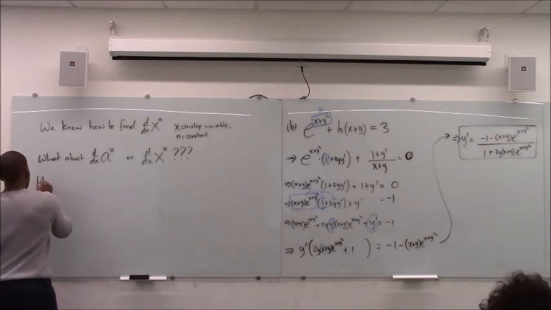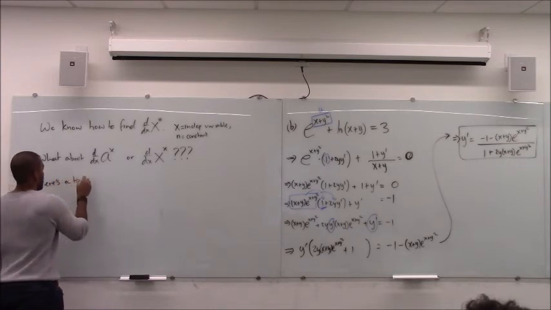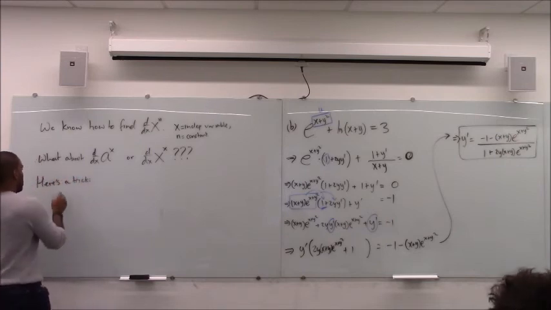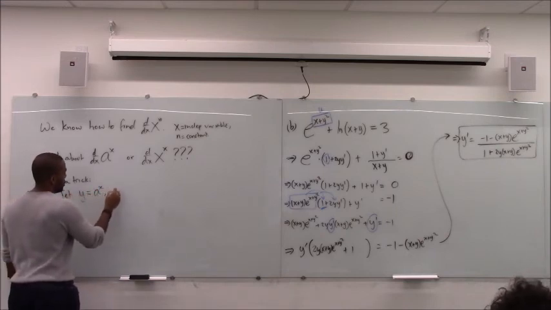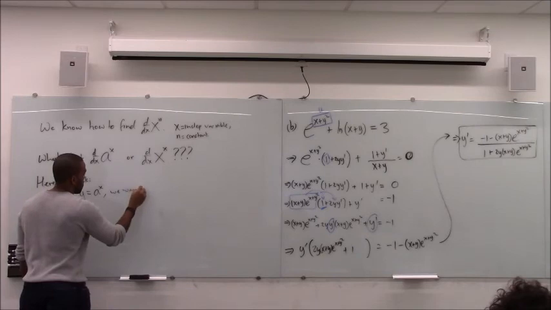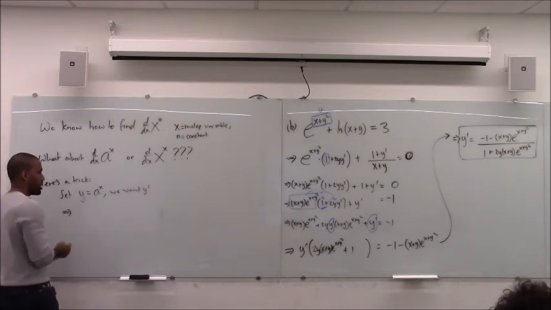So here's what we can do. Set y equals a to the x, and just know that we want y prime, right? Now, because the variable in the power is kind of making things complicated, you can use logs to get rid of exponentials.